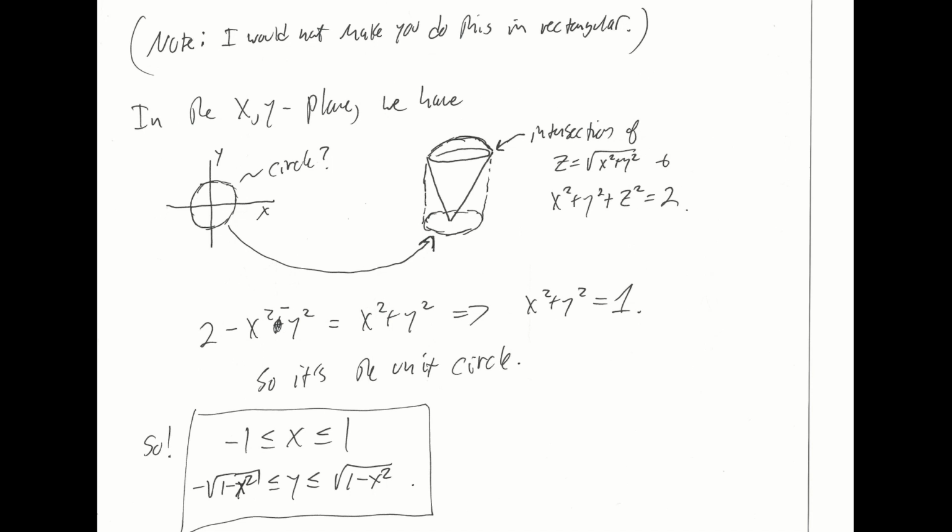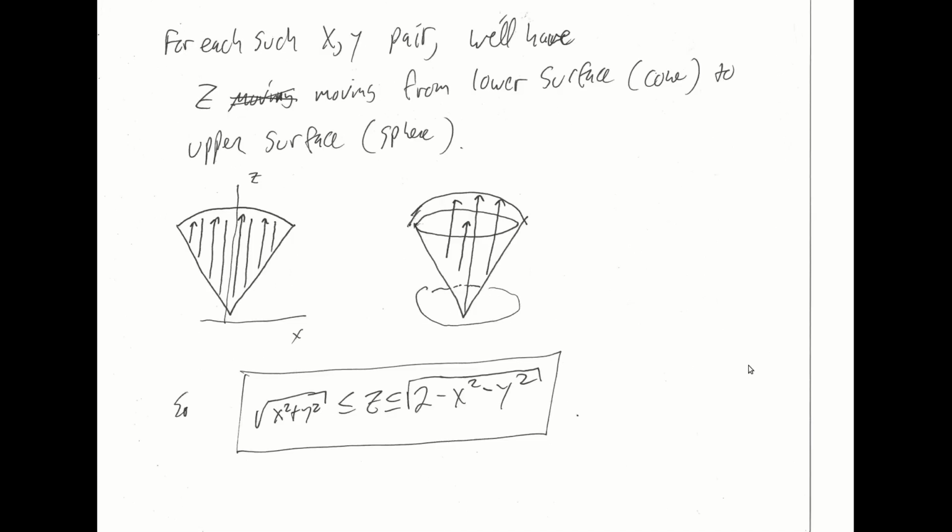All right. So this describes the unit disk in the xy plane, and then for each such xy pair in this unit disk, we'll have our z values moving from the lower surface, the cone, to the upper surface, the sphere. And if I do that for each such xy pair in the disk we've just described, that will give me every point in my region E. Every point in E projected downward corresponds to some xy pair in the xy plane.